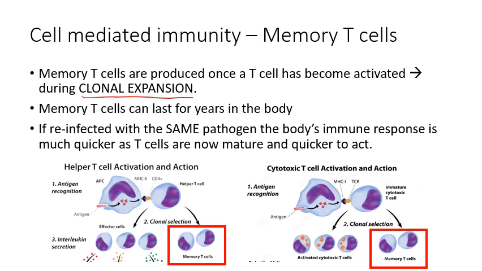So when the cells are replicating themselves to make thousands of copies, some of those copies that are being made won't actually go on to perform their job.